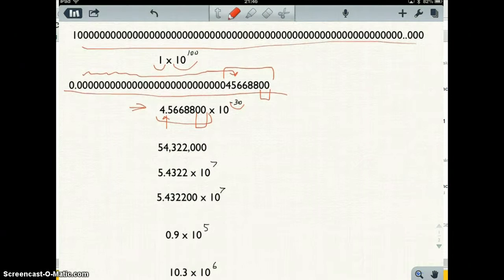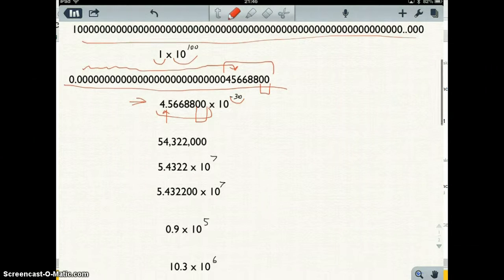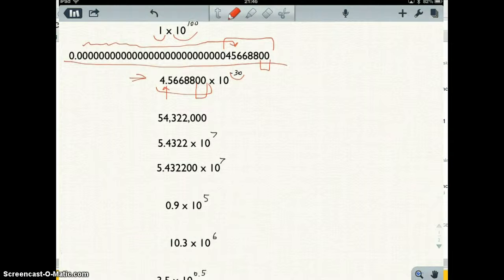The other case, besides very big numbers and very small numbers, is for just regular size numbers: we can use scientific notation to explicitly show how many significant figures are in the number. For example, if we have the number 54,322,000, normally to judge how many significant figures are here, we'd say there's 5, because these last three zeros are placeholders, so they're not significant.